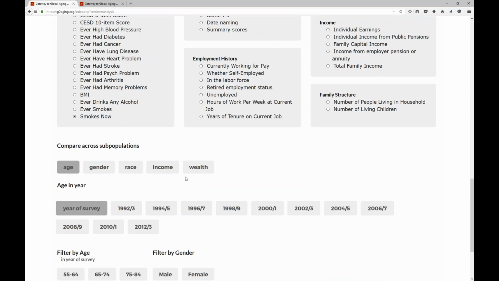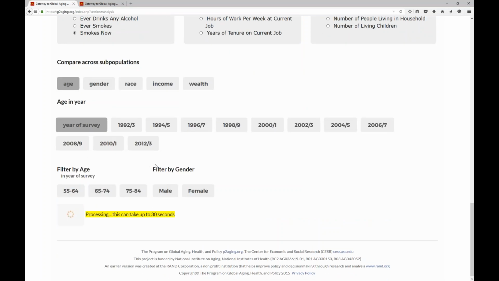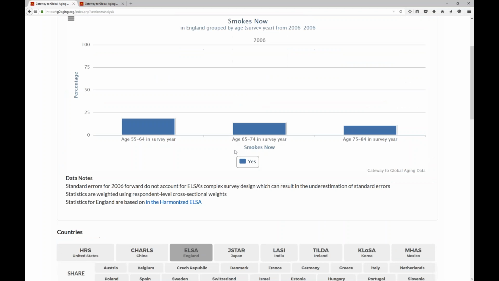So we'll let you look at different age groups. So for instance, if you look at currently smoking across different age groups, so we have ages 55 to 64, 65 to 74, and 75 to 84, you can see that it does seem that there's a higher percentage of the population who are younger who are currently smoking in England, which is interesting.